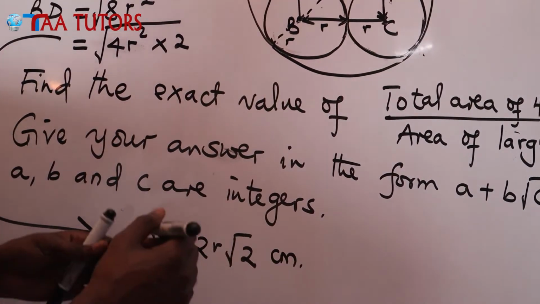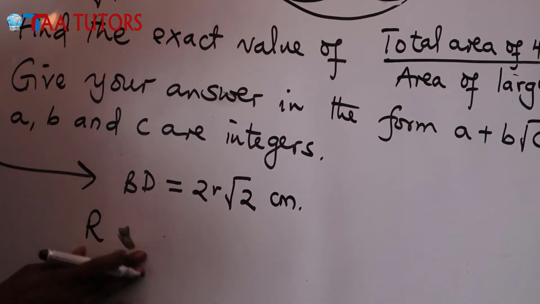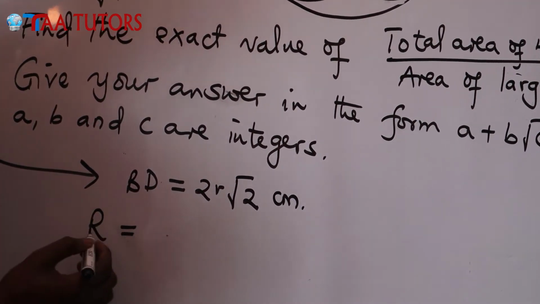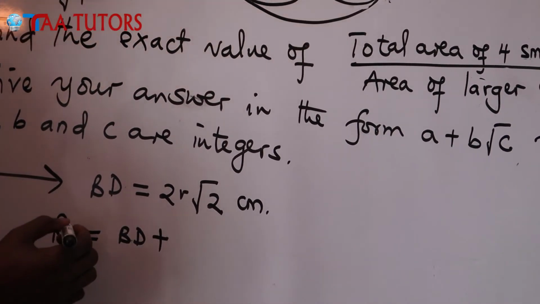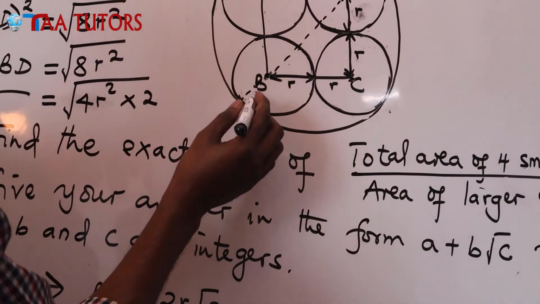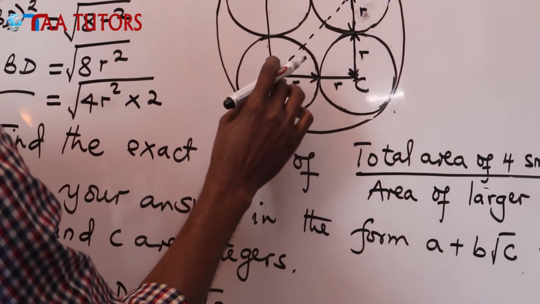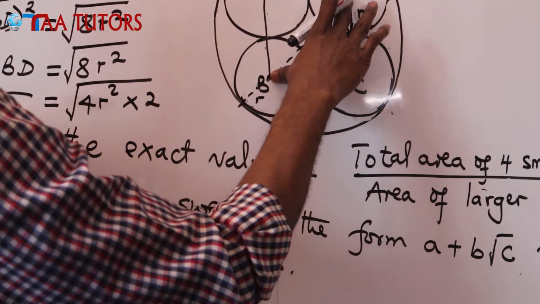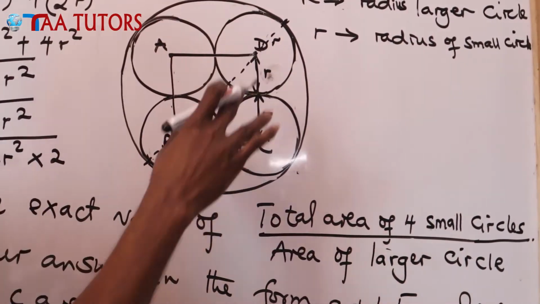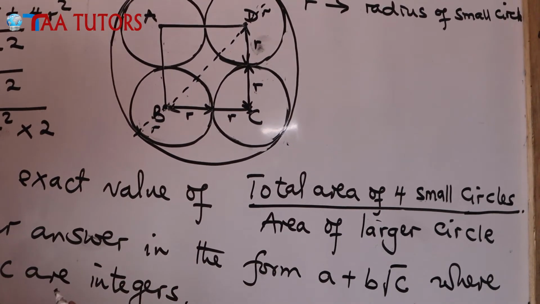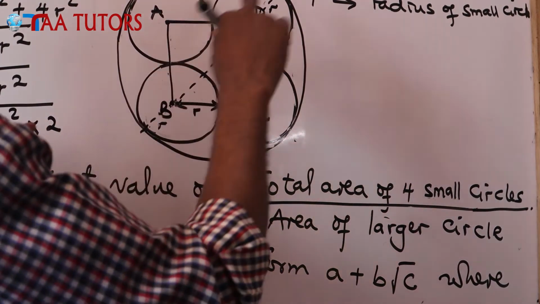But I said that for me to get capital R, the bigger radius, it will be BD plus, we see r here, for us to get the radius which is starting from here to there. So we have BD, which is the diagonal. Then we need to add r here plus the other r. That's actually not the bigger radius, that's going to be the diameter.